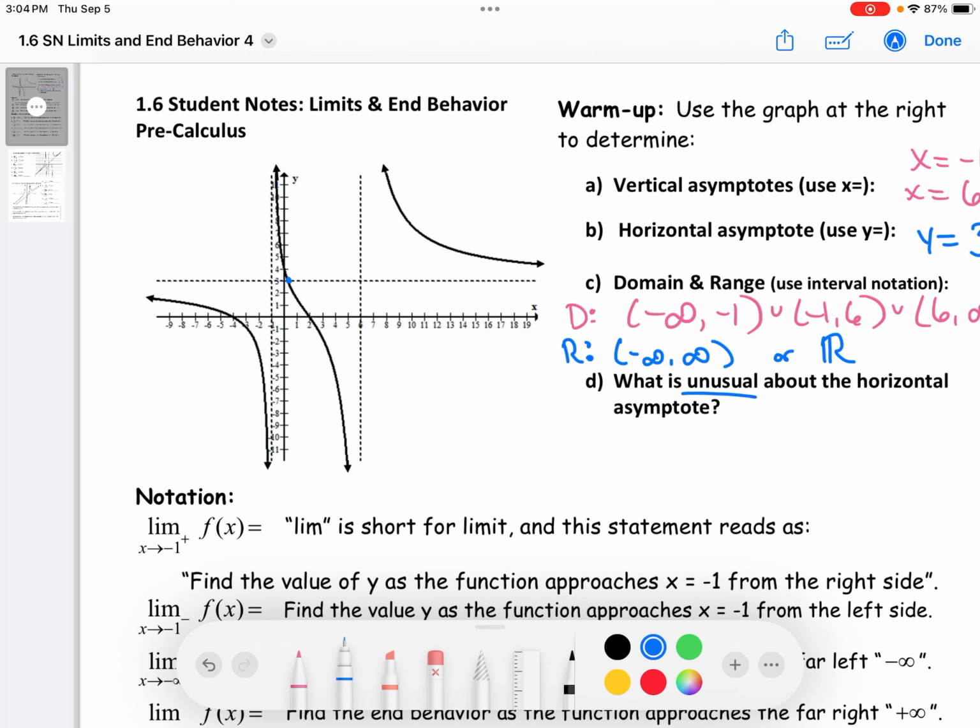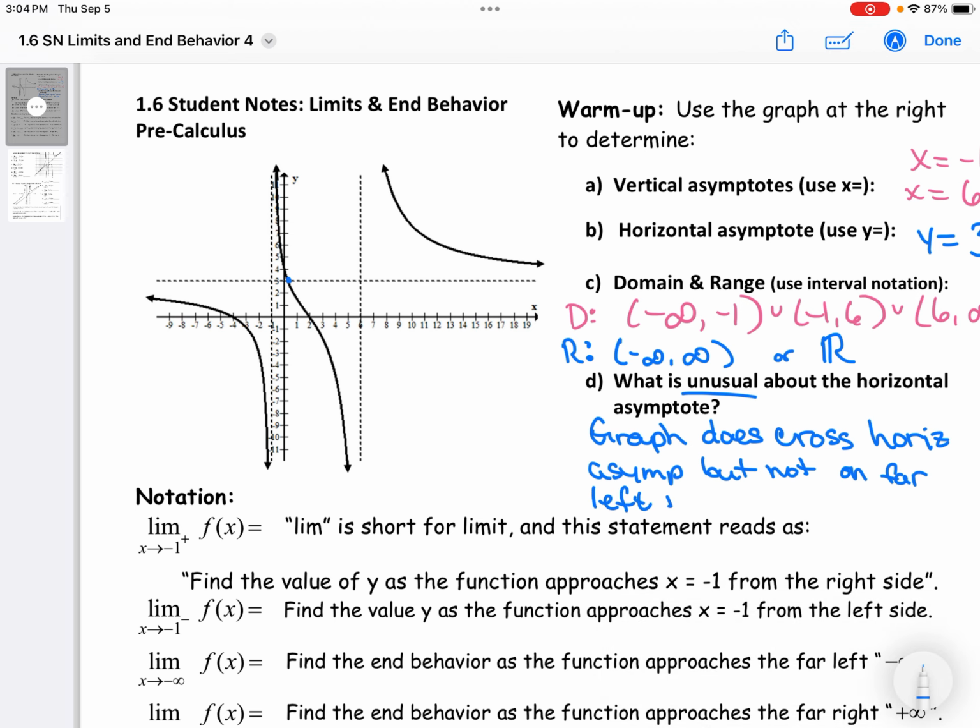Now, the unusual thing about this horizontal asymptote is that the graph does cross it, but not on the far left and right ends of the graph.